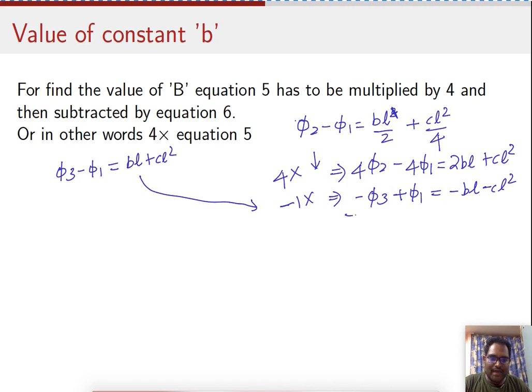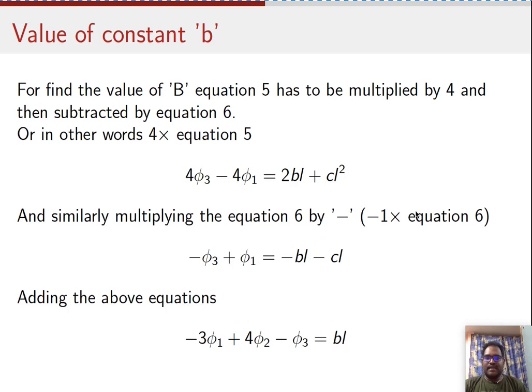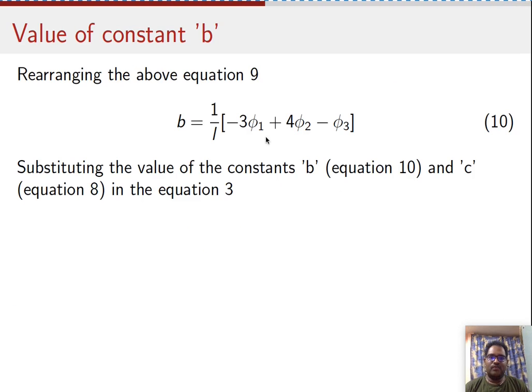Now if you add both these terms, obviously the term C will vanish, only the term B will be remaining, or basically this right hand side will have the term BL. So which means you can find out what is the value of B. So as stated, we will be multiplying equation 5 with 4 and equation 6 with minus 1, adding both these terms, only the term BL is there. Rearranging it, we will find out what is the value of B term as a whole.